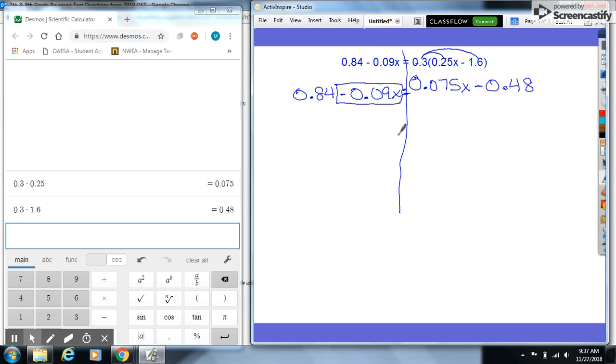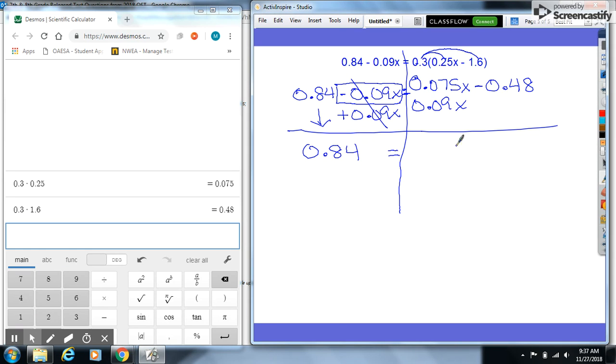It's got that minus in front of it. We don't like negatives, so I'm going to add 0.09x to both sides to get rid of this on this side. Okay? Those are gone. Bring down my 0.84, nothing else on this side.